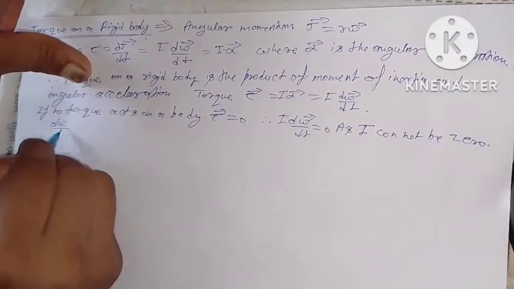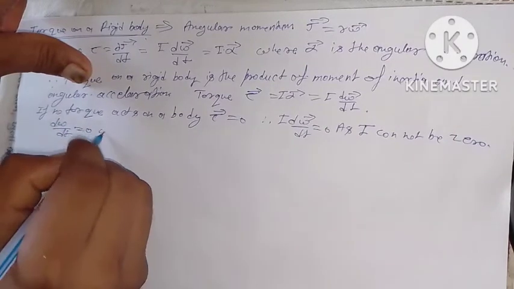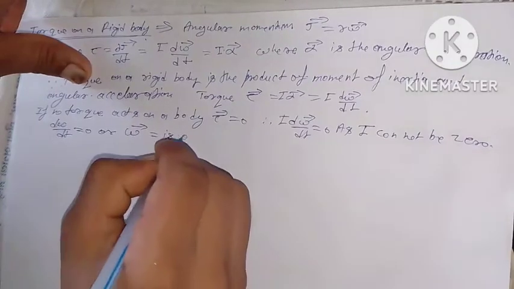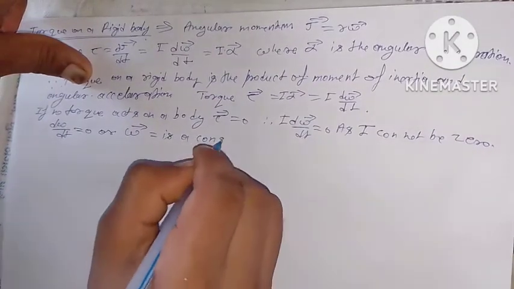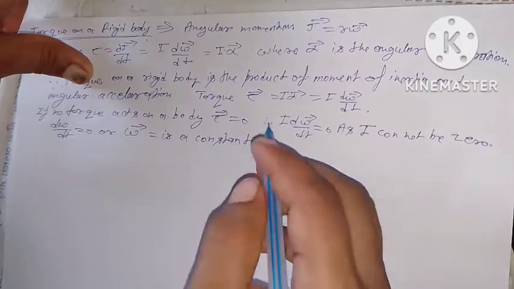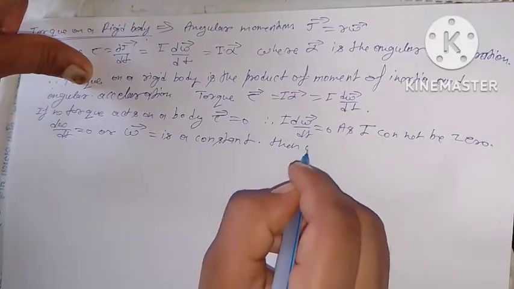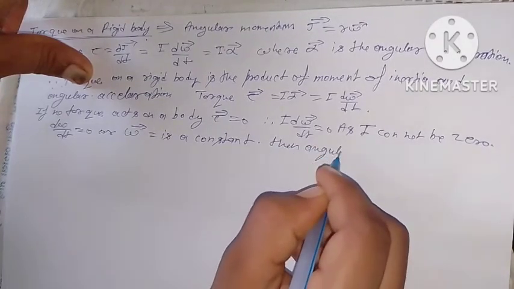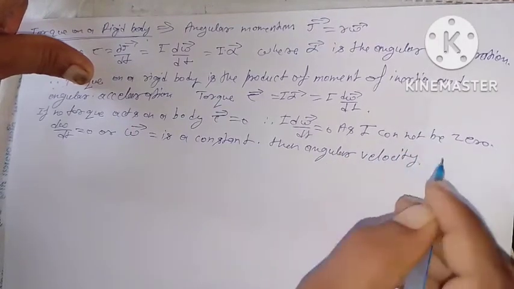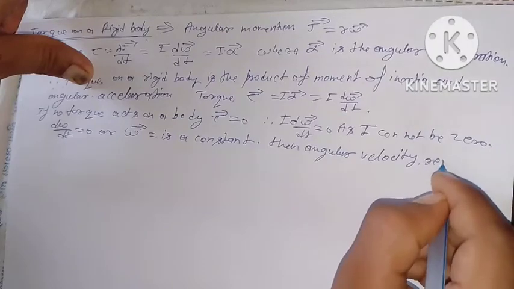So d omega upon dt equal to 0, or vector omega is a constant. Angular velocity remains conserved.